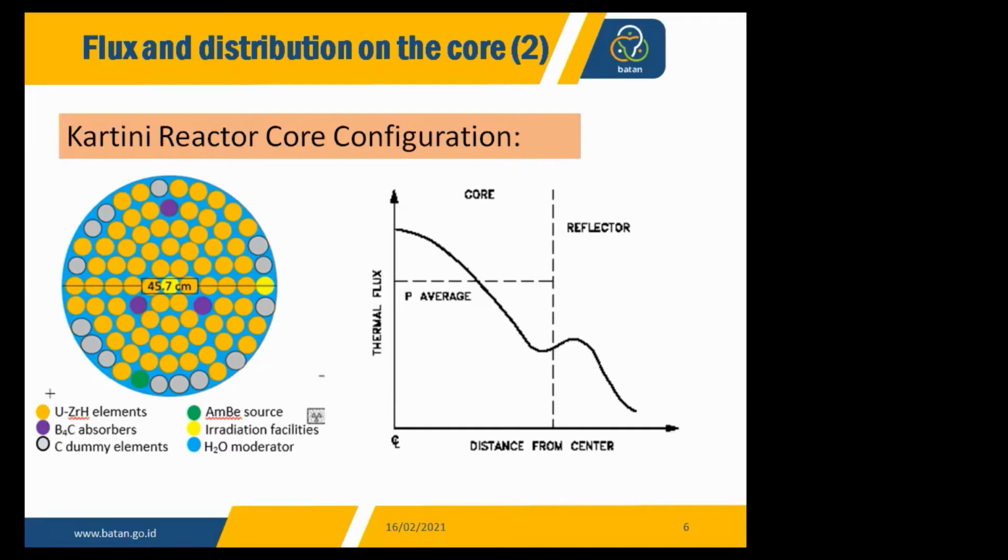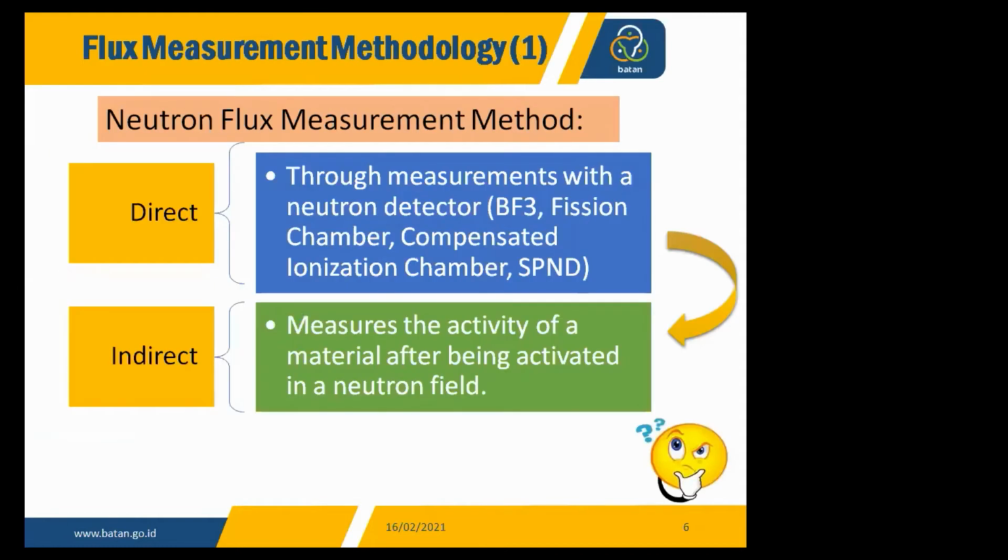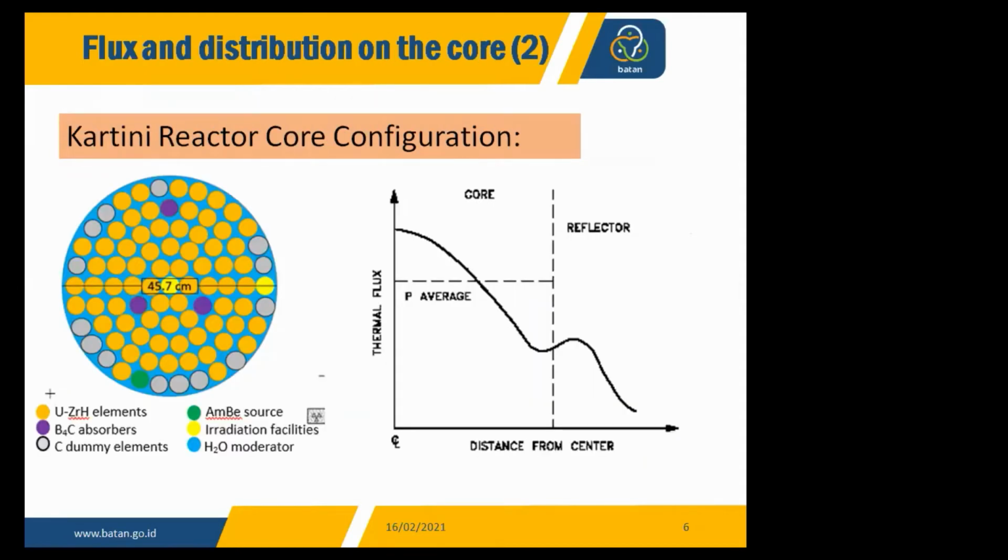In the reactor core, we load several reactor components such as 71 fuel elements, the yellow one, 3 control rods, the purple one, dummy elements, the gray, neutron source, and irradiation facility.